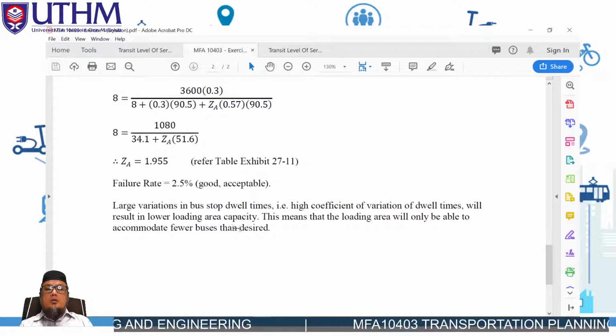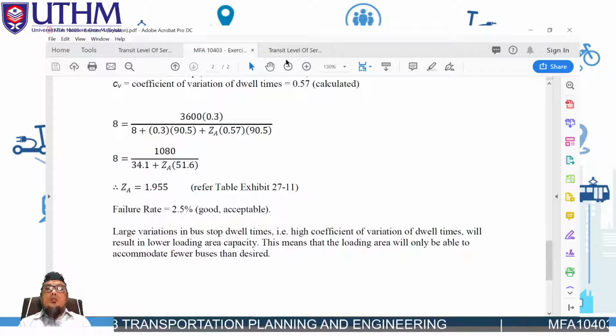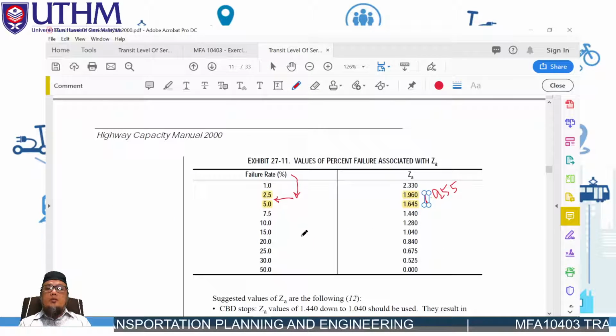Okay, we can read this explanation. Large variation in bus stop dwell time, a higher coefficient of variation of dwell times, will result in lower loading capacity. This means the loading area will be able to accommodate fewer buses than desired. So in our case, we consider the failure rate to be good.